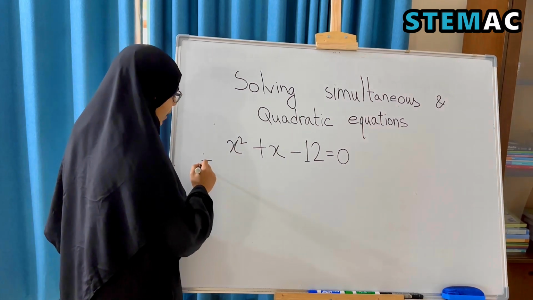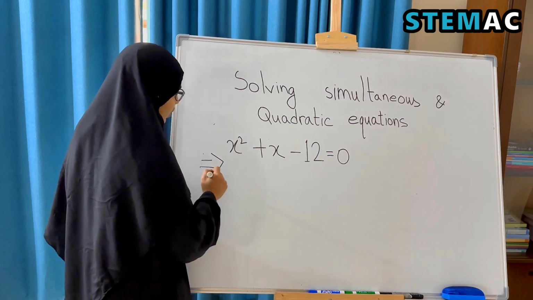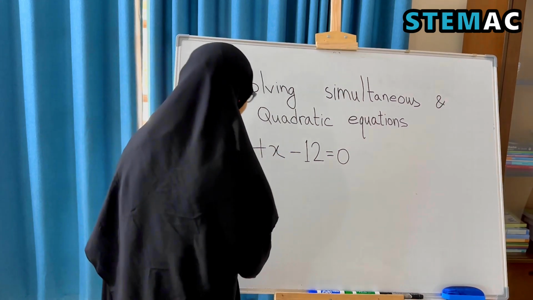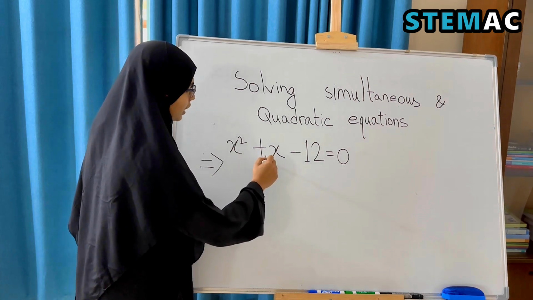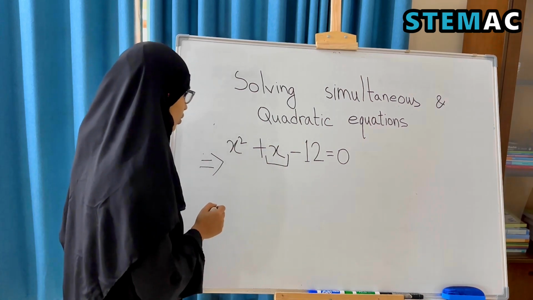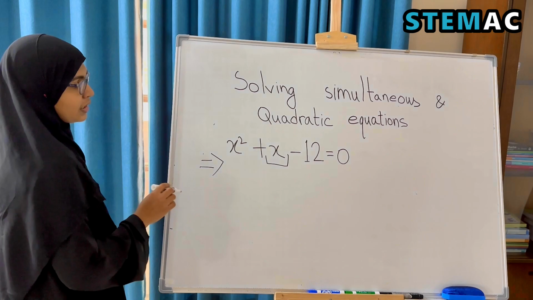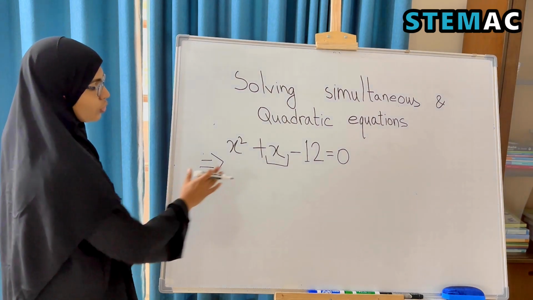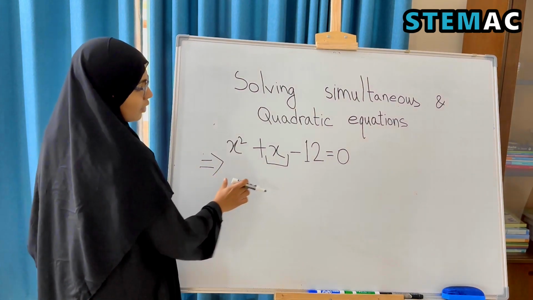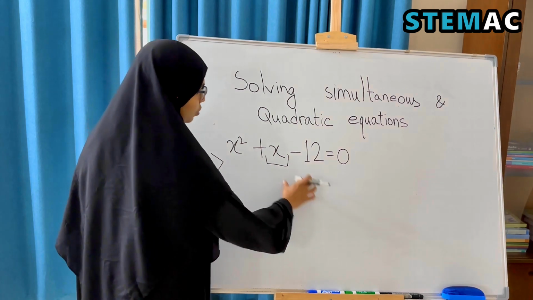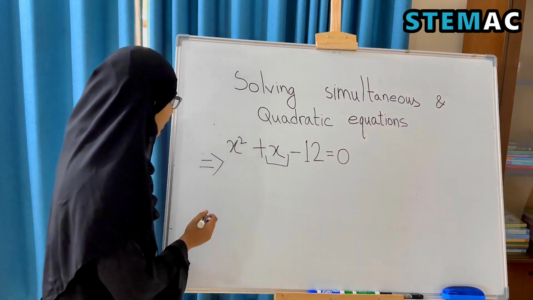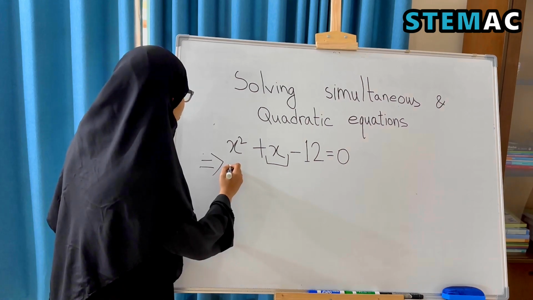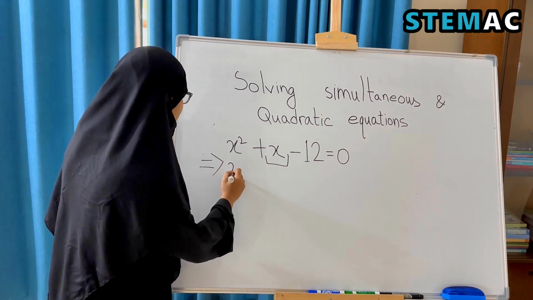So to factorize this equation x square plus x minus 12, we have to split the middle term into 2 terms so that we can take commons from two groups separately. So, let us see how to do that.